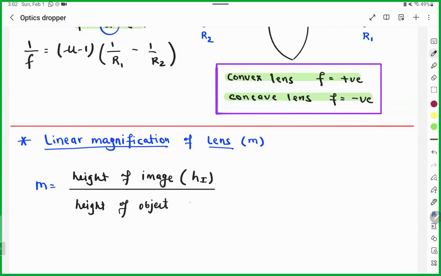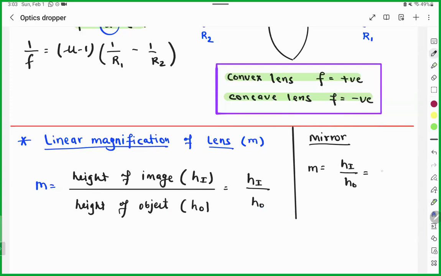Most of the time you will write it like this only. If you compare with the mirror, their magnification is the same, height of the image by the height of the object, and usually it is V by U. Most of the time, not always.